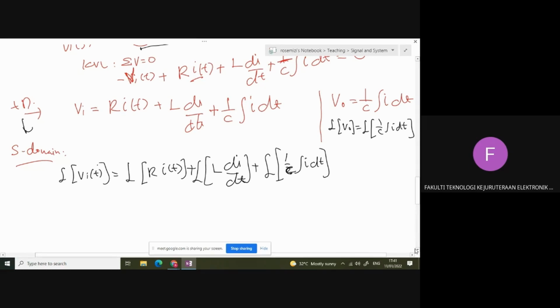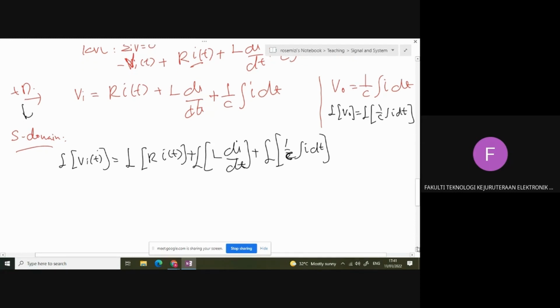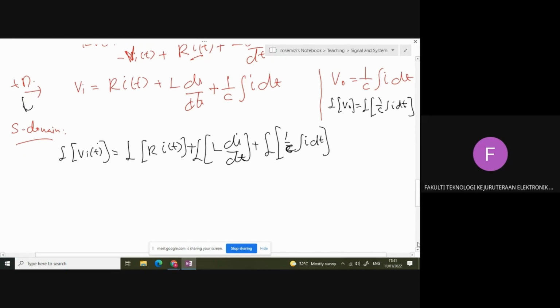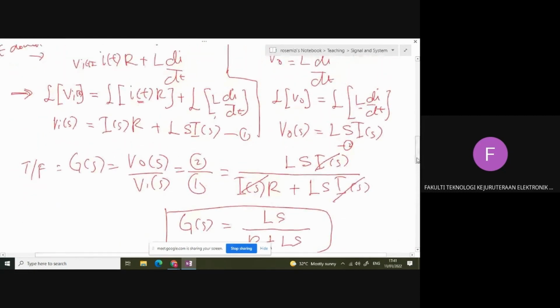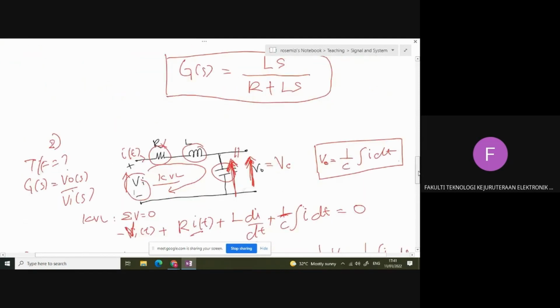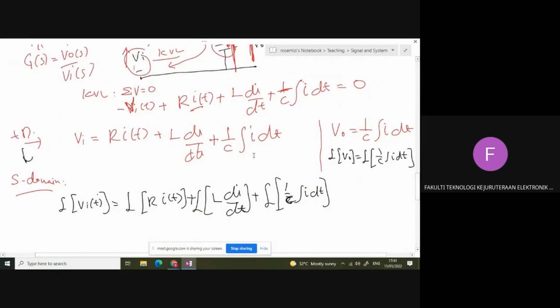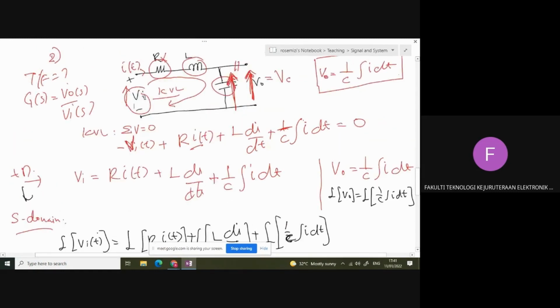Now I will go through it. First step, we just use the time domain, using KVL here.